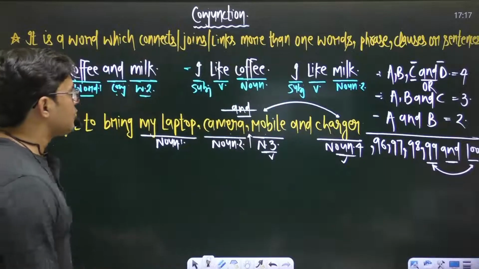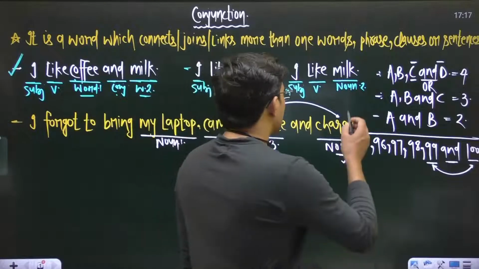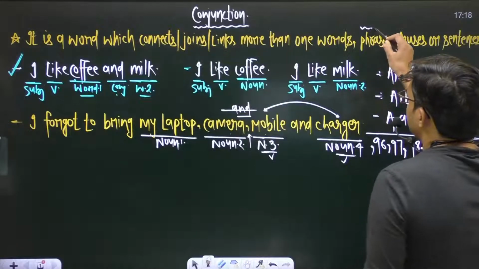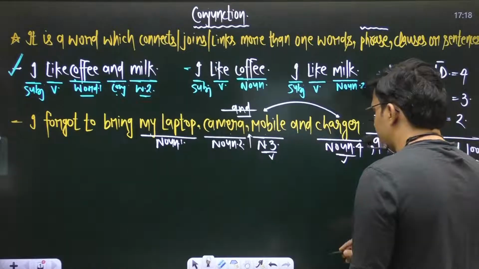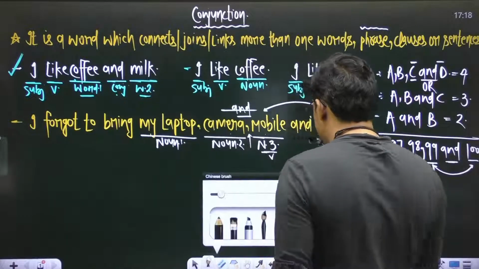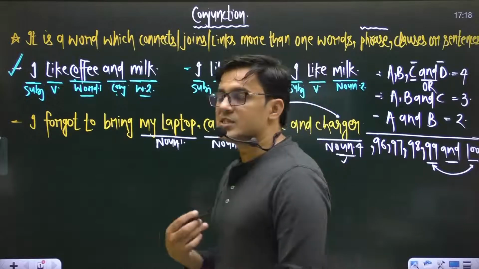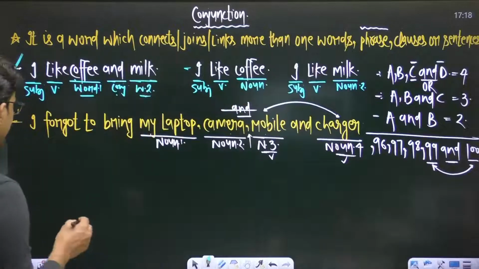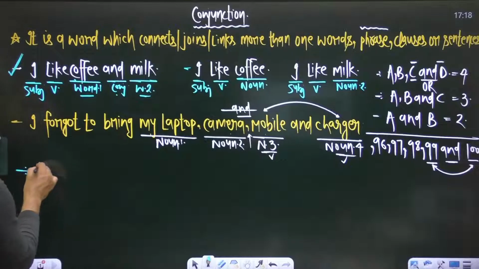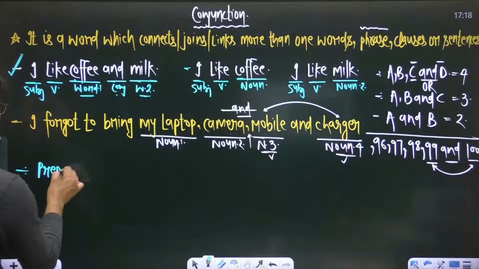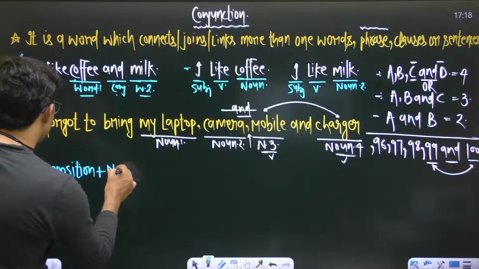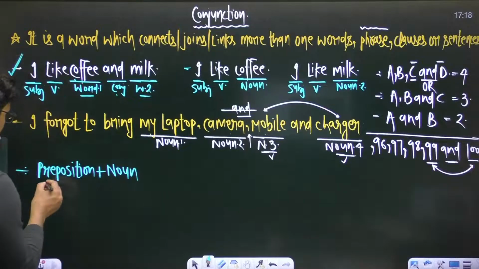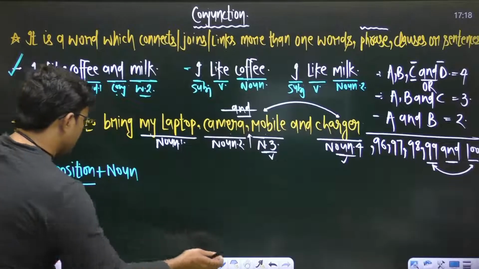So let us move to the next situation: how conjunction connects phrases. Let us learn what a phrase is. This is important to know. Whenever you get a preposition in a sentence, prepositions are used before a noun or pronoun.